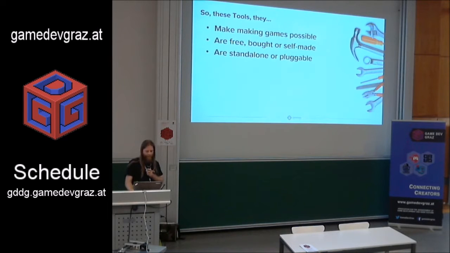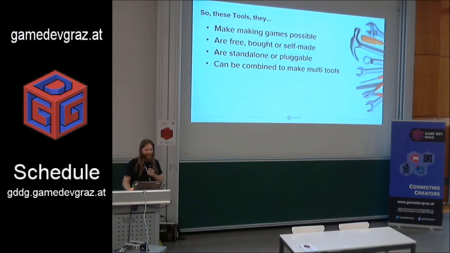The tools are standalone or pluggable. Some tools, like an image viewer, work out of the box, and others, like if you buy a Maya plugin, are plugged into other tools. And a bunch of tools can be combined to make multi-tools. I call them multi-tools because I think it's a funny word, and it reminds me of that scene in Fifth Element, even though it doesn't really fit. Nevertheless, multi-tools will be the packages we've seen before.